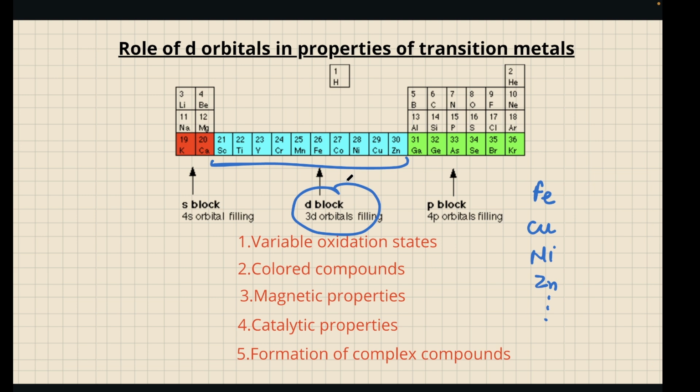Actually, d orbitals determine the properties of transition metals. Like they show variable oxidation state, they are colored compounds just because of d to d electronic transition which absorbs visible light, giving transition metals beautiful colors.